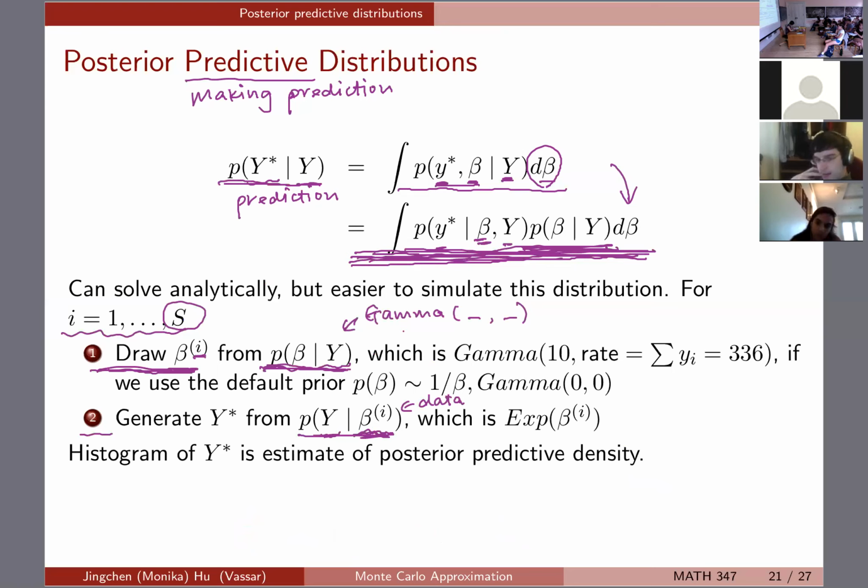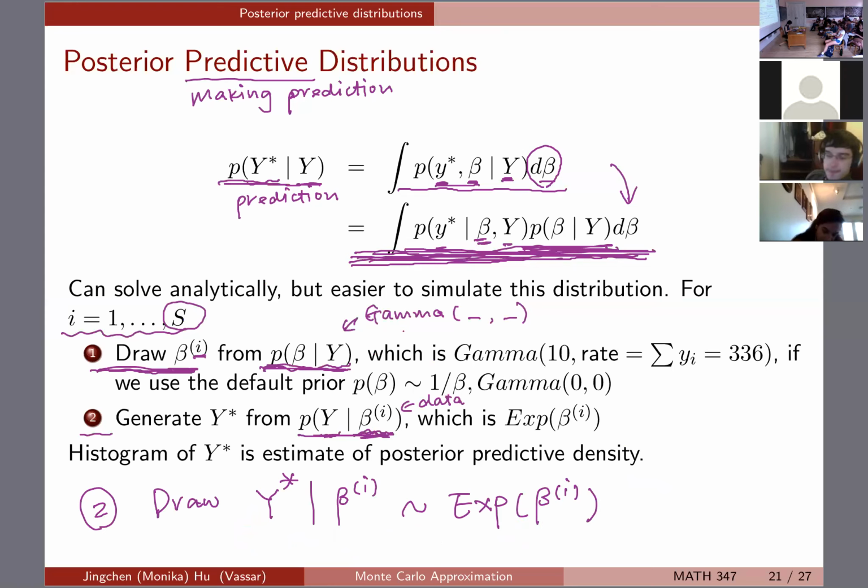So the second step is we're going to draw y star given the draw that I had from the previous step, and I know that it is an exponential distribution with beta I. So in R, you're going to get a new draw y star with R expo, and then the beta I that you have. So procedure-wise, this is what you're doing.